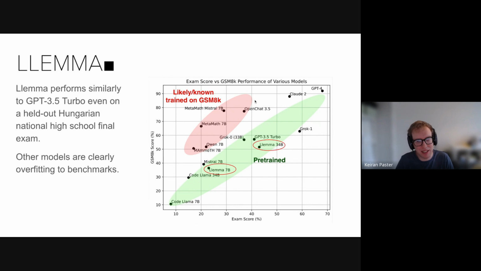And then there are these other fine-tuned models that appear in this red cluster up here, which seem to be overfitting somehow to these benchmarks. So I think this shows Llemma is generally good at math, no matter whether it's a benchmark that people commonly evaluate on or just some random new math problem or new math evaluation that comes out.